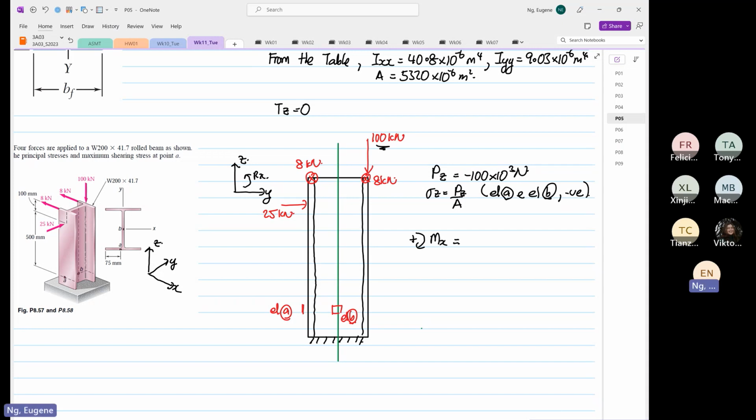Okay, so this is where things get really interesting. There are two things causing moment about x. One is your 100 kilonewton, and the other one is your 25 kilonewton. So the 100 kilonewton, which is parallel to the centroid, the perpendicular distance is here to here.